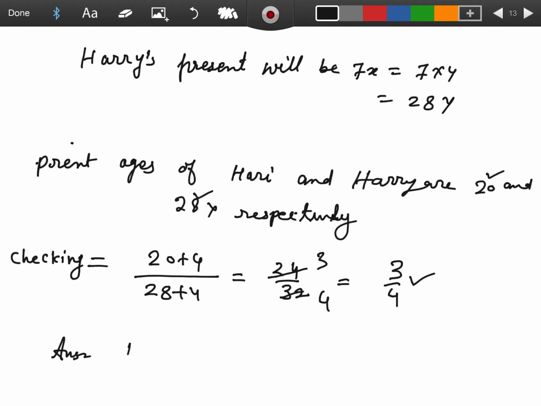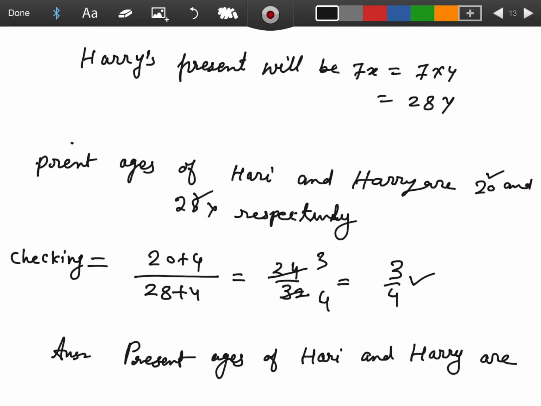So answer, present ages of Hari and Harry are 20 years and 28 years. I hope children you have understood.